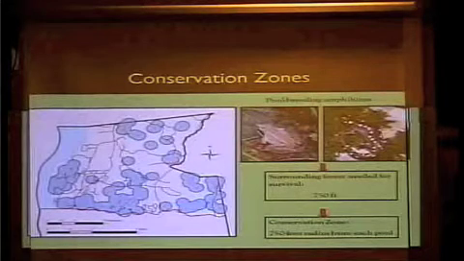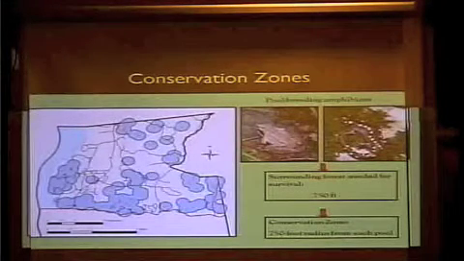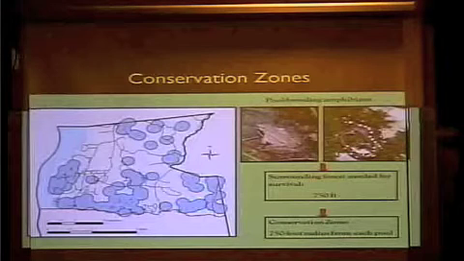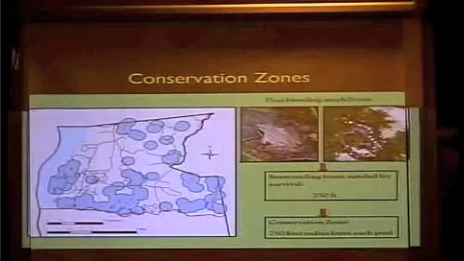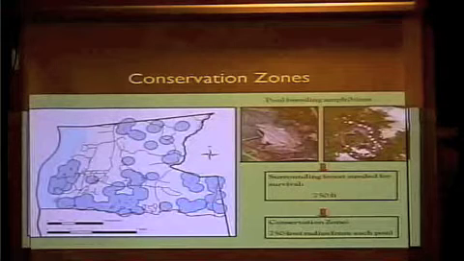These zones are not areas that we expect to be considered sort of hands-off areas. But we would just recommend that if you are concerned about maintaining pool breeding amphibians, in this case, that you think about their conservation needs if you are thinking about new land uses within these conservation zones.